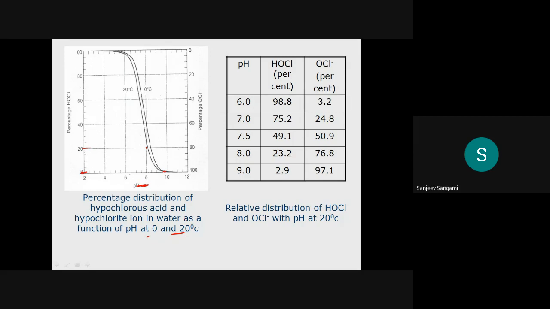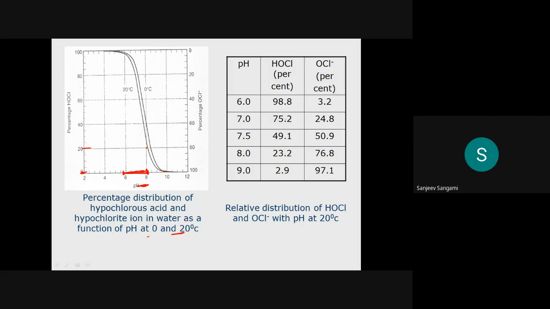Then you can see the stage we are speaking about. This pH 6 to 8 is what we can call the optimum pH for the better distribution of hypochlorous acid.